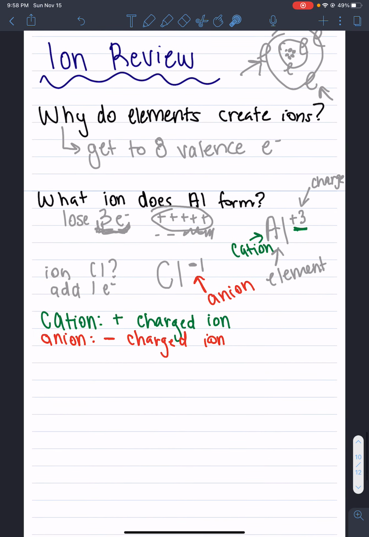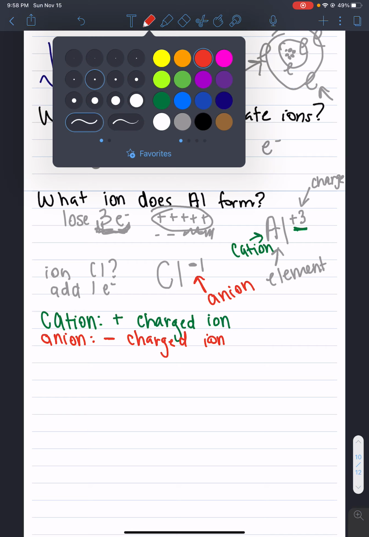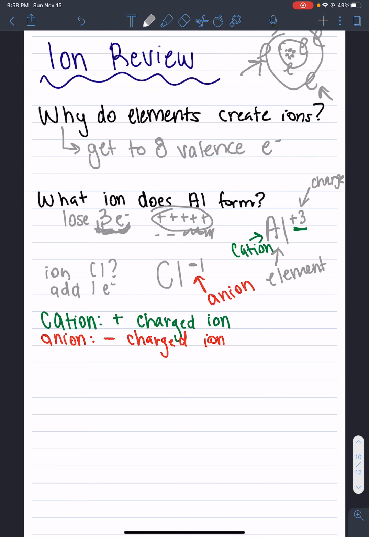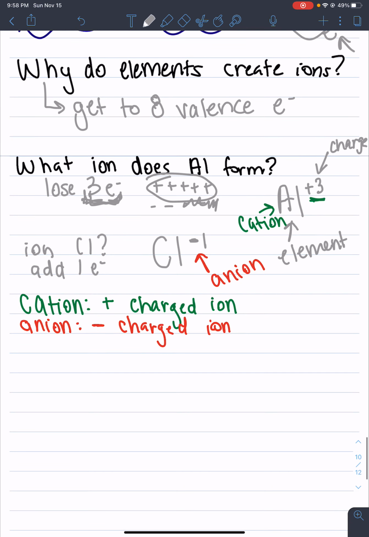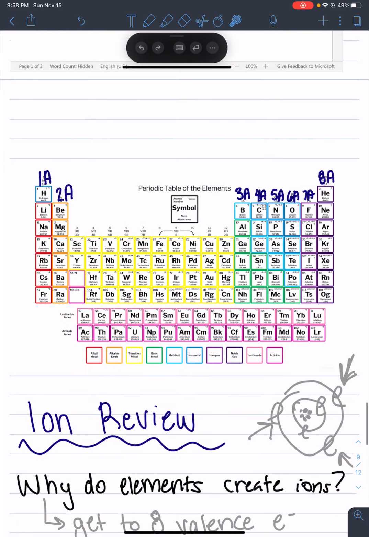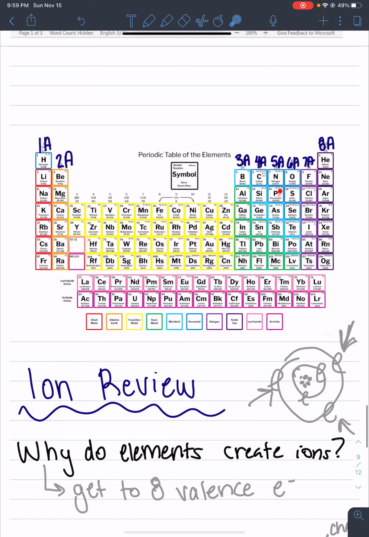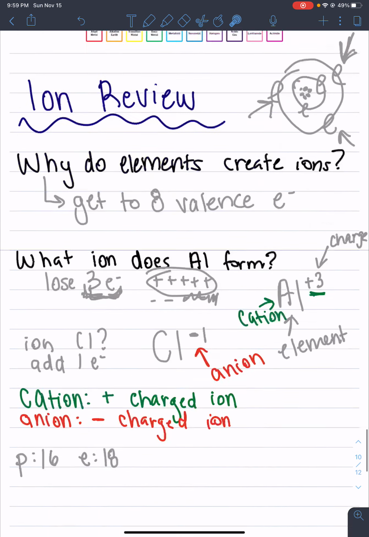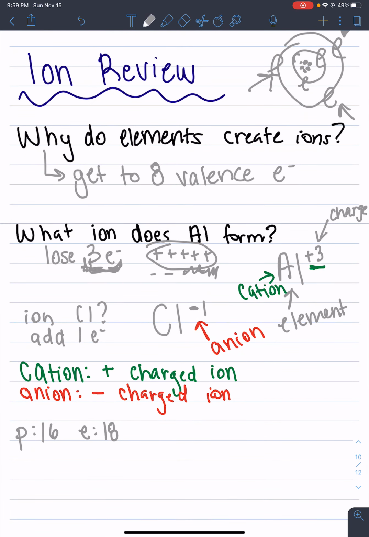The other kinds of questions that you're going to have to be able to answer is it might give you things like saying you have an element and the protons are 16 and the electrons are 18, and they're going to ask you what element is that. So remember, our proton number tells us what element it is, so we go up and we see that for 16 it's S. It has 16 protons, so we write S, and then we see that we have more negatives than we have positives.